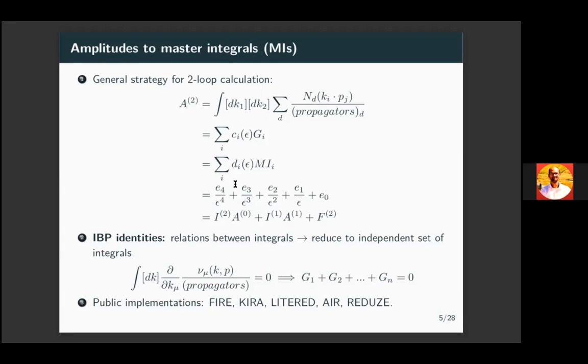Ekta, in this last line, earlier you have this pole structure which is 1 over epsilon to the 4 to 1 over epsilon to the 0, but then after that you have this I2, I1 and F2. Yeah, these are matrices actually. So you can arrange it. Okay, so what does it mean that I2 would have more than one pole structure?